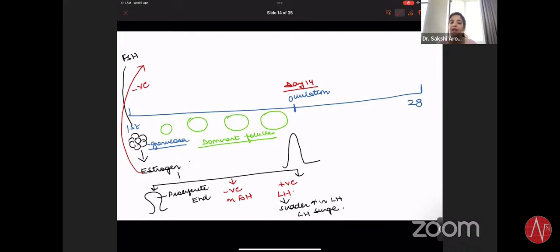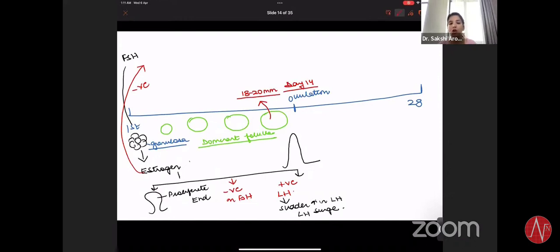Now, the next question which they ask is, what is the size of the follicle just before ovulation? Important for both of you, for nursing students as well as for foreign medical students. Just before ovulation, the size of the follicle is 18 to 20 millimeters. Right?